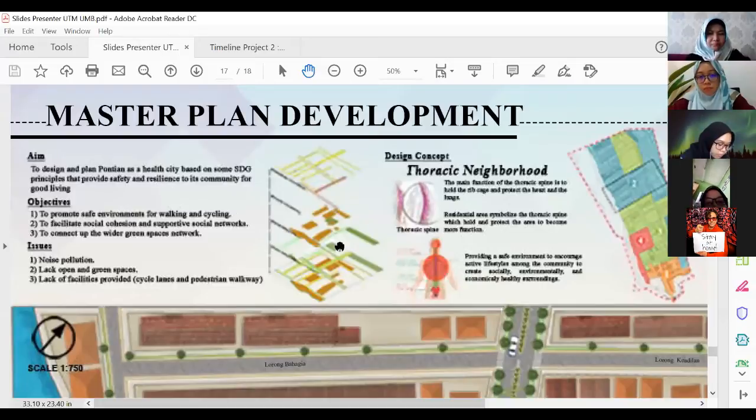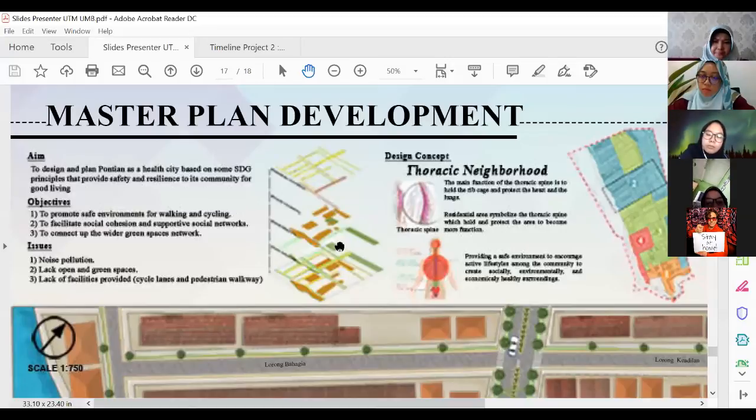For the second objective, I would like to facilitate social cohesion and supportive social networks in the residential area. Because I focus on the residential area, what I found is that some of these areas have a lot of green space, but mostly do not have a good plan, and the space is mostly abandoned.